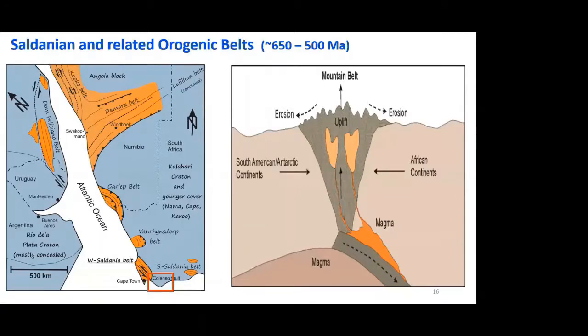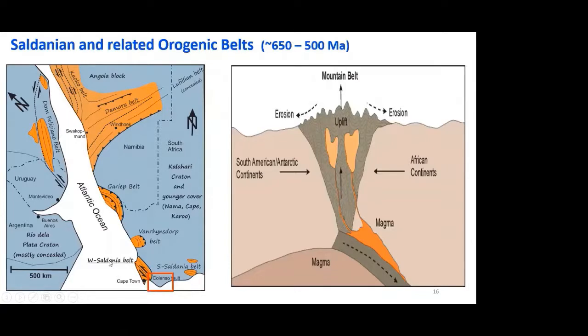And here, South America is busy moving towards Africa and effectively docking into the west coast there, and at that time creating the western part of Gondwana. The proto-Atlantic here was where the Gondwana sediments were being deposited.